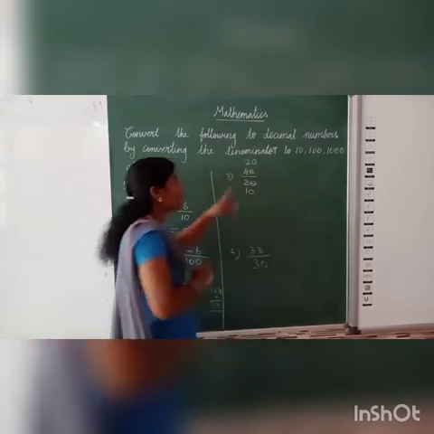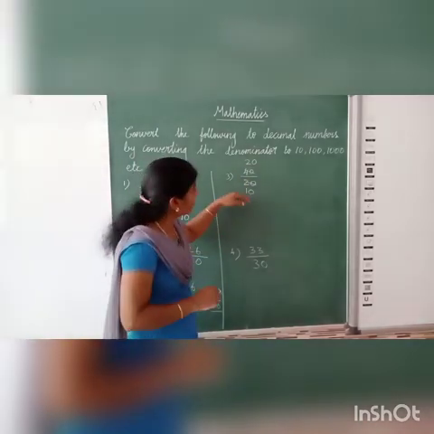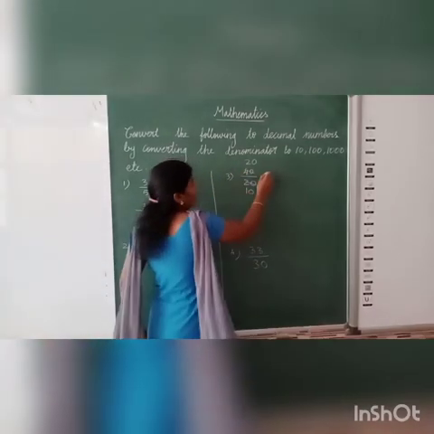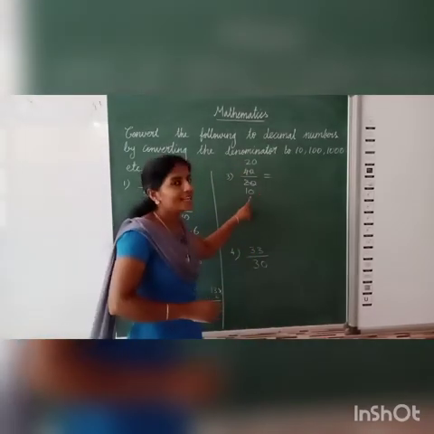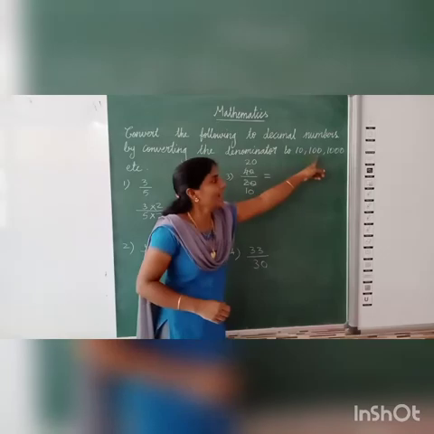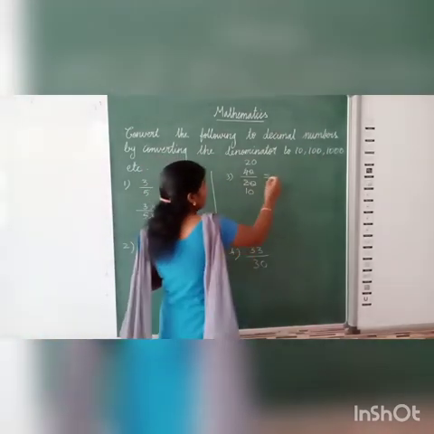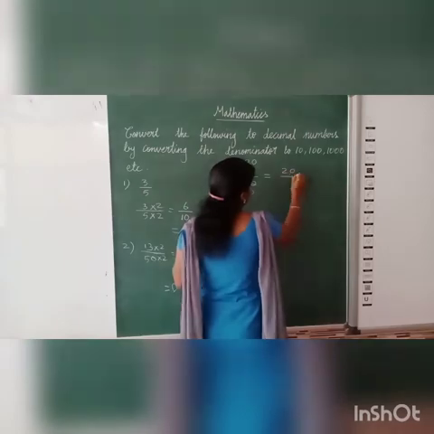So 20 by 10. Again we could write in simplest form, but stop it, because we need the denominator 10, 100 or 1000. Already we get 10, so we stop at 20 by 10.